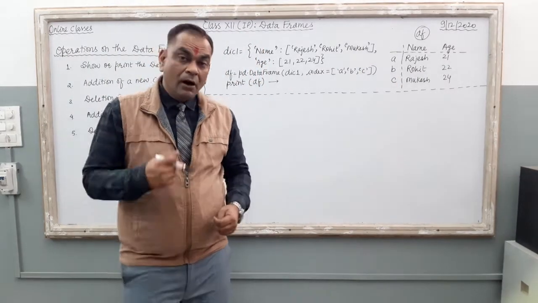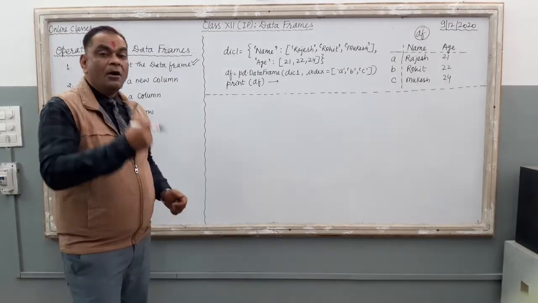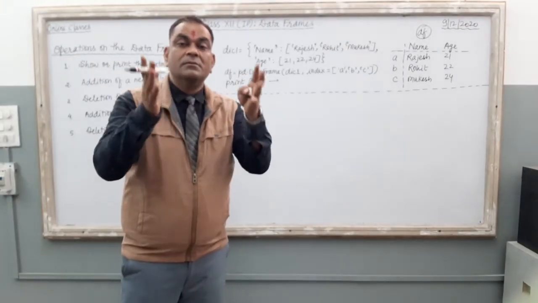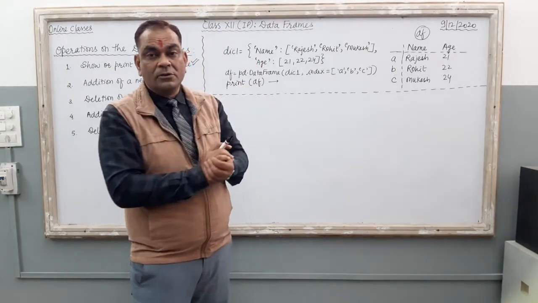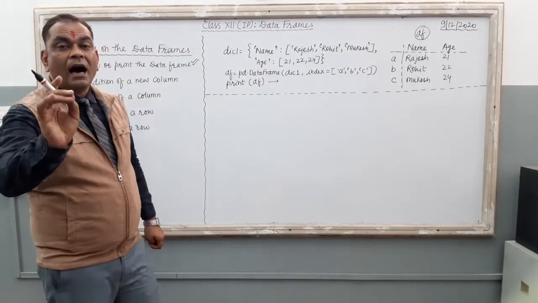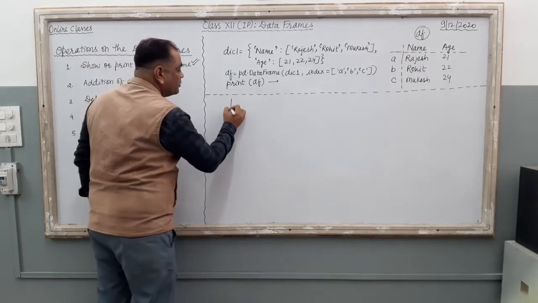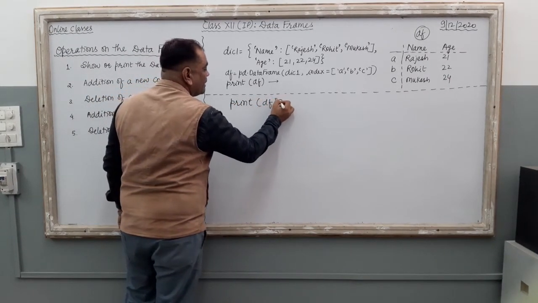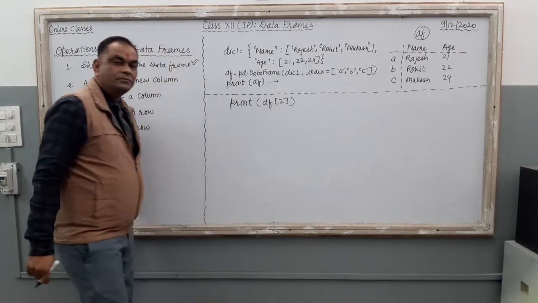Simple one. Now we can show the data frame column by column. We can show some selected records, some selected rows from the data frame also. Now for that, what are the commands? Just see. If I use this command, print(df[2]), what happens?